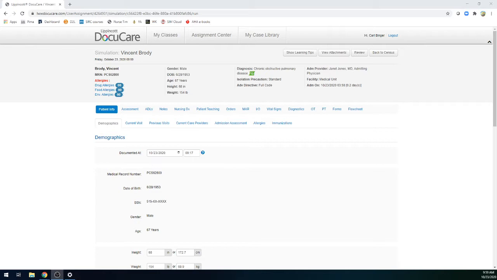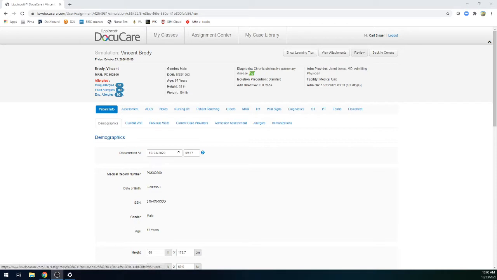So with that being said, let's start looking at the charting for DocuCare. When you first open up your Vincent Brody, this is the screen that we come to. Don't pay attention to what's up here, as you don't have these tabs on yours.